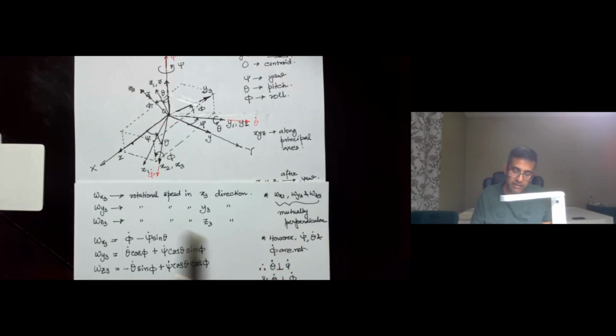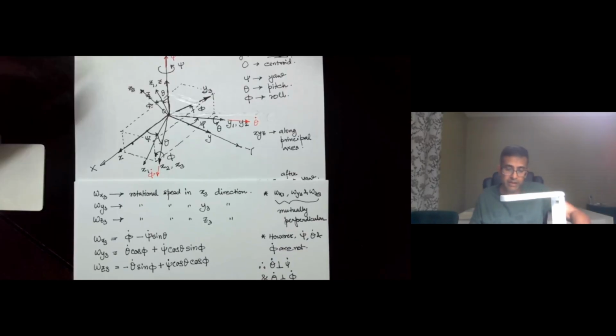So these three expressions then form the equivalent expressions for the body fixed angular velocities, and one can then express a mapping between omega x3, omega y3, omega z3 to the rate of change of the Euler angles, and they are psi dot, theta dot, phi dot, and we have minus sine theta, 0 and 1.